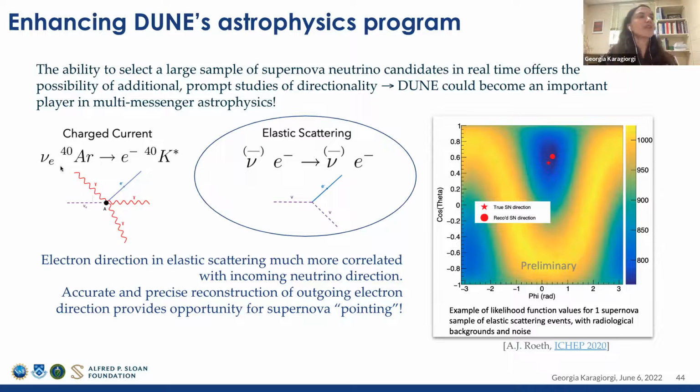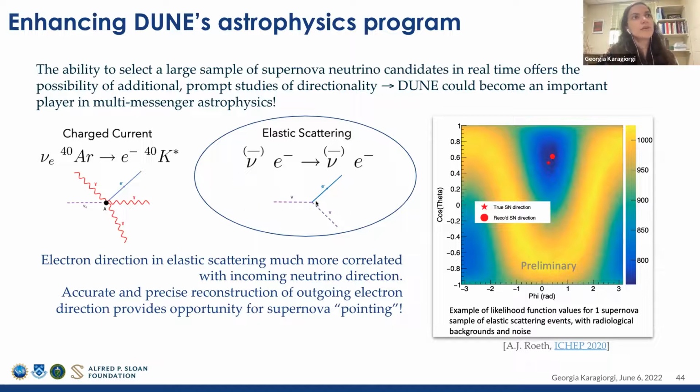But there's also another type of interaction of neutrinos, which happens with any flavor of neutrinos, where they interact with atomic electrons. And there you don't have visible blips, but you still have an electron, and the direction of this electron is much more correlated with the original direction of the neutrino.